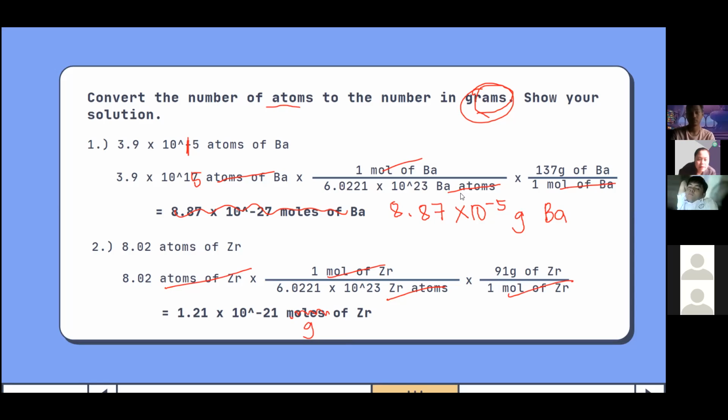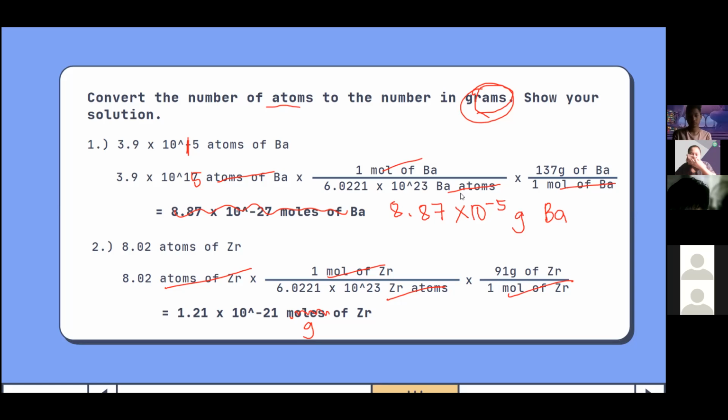That's 91. 8.02 times 91 divided by, sa baba, we have 6.0221 times 10 raised to the power of 23 is 1.21 times 10 raised to the power of negative 21. This is grams of zirconium.